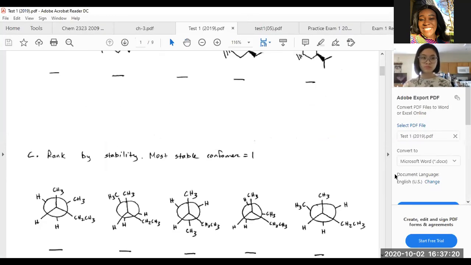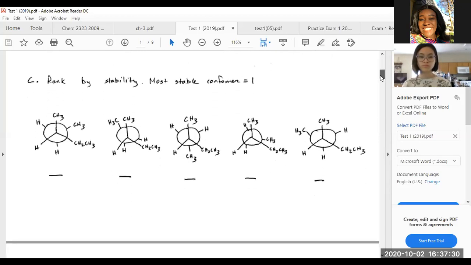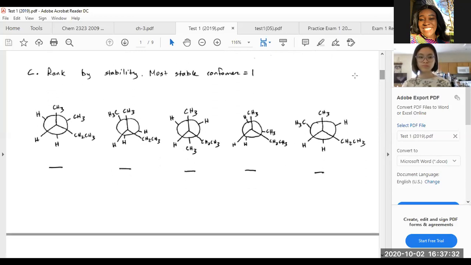So when it comes to Newman projections, like we were talking about in chair conformations, the goal is to make sure you have the biggest groups the farthest away. So our big group on the first carbon is this one, and our big group on the back carbon is this one.